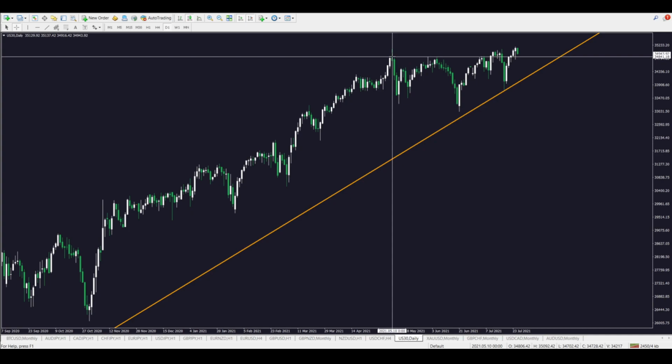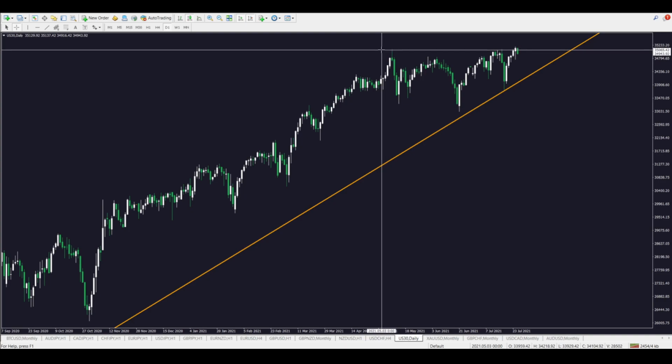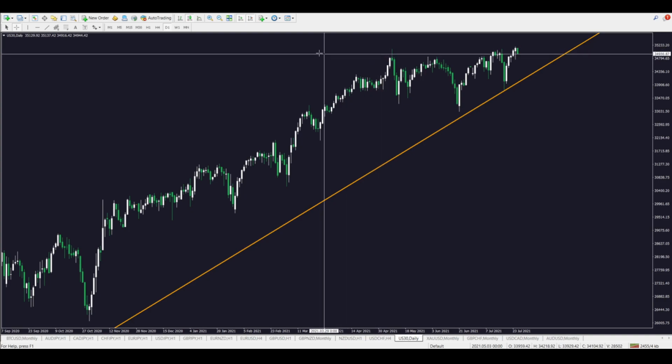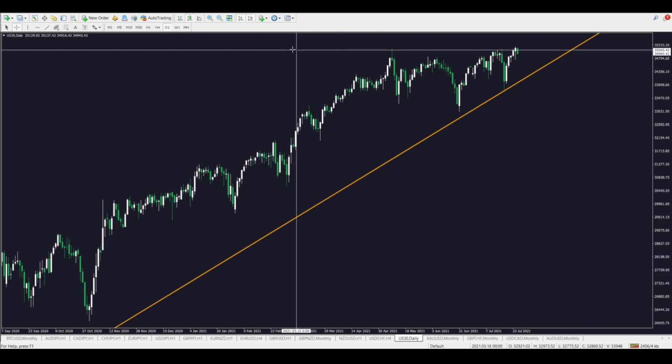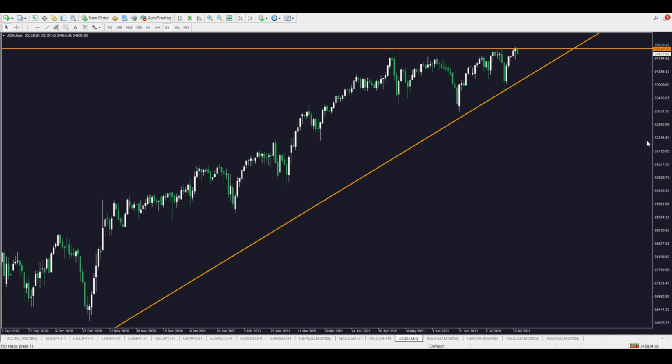Let me see, from the 5th, January, February, March, April, May. Price has been struggling in this year from May. Let's see. So we could actually have a resistance right here.